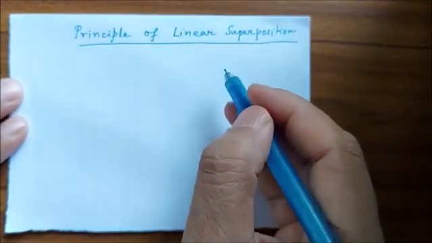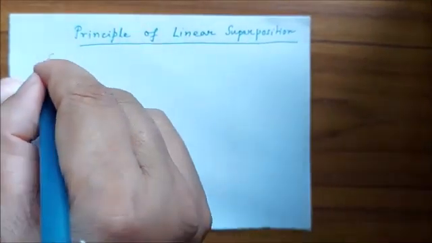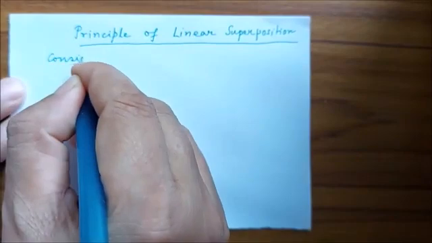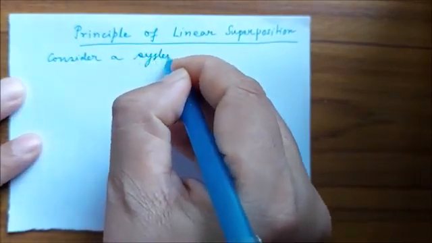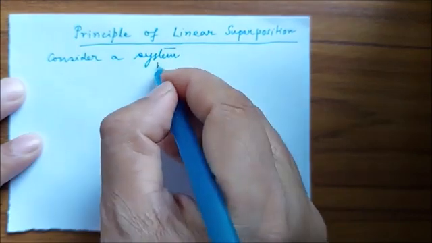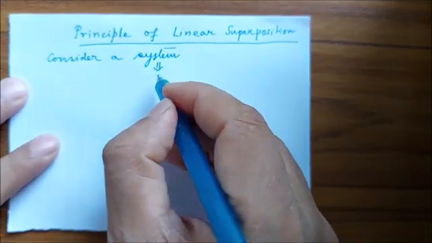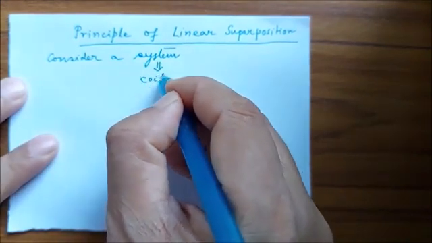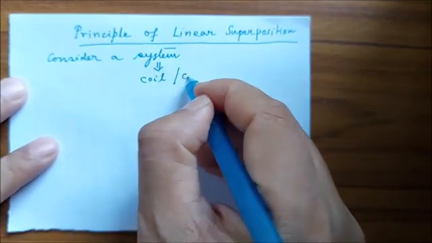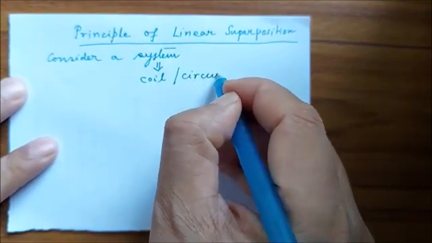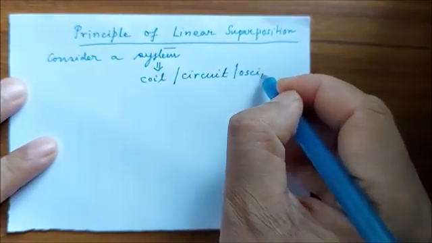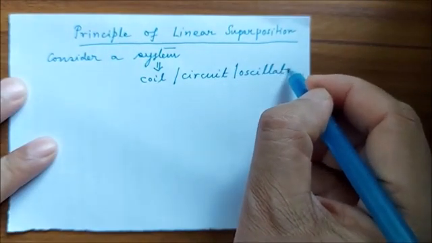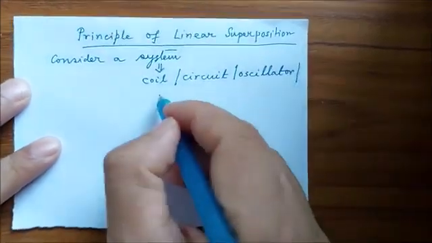Let us consider a system, and by system we mean a coil or a circuit or an oscillator or any object.